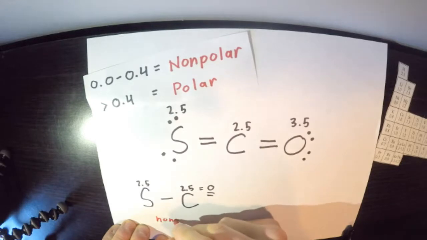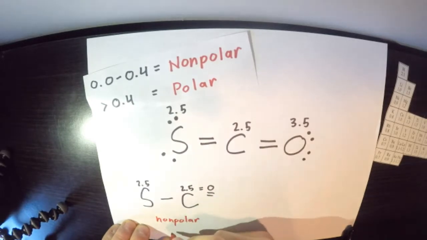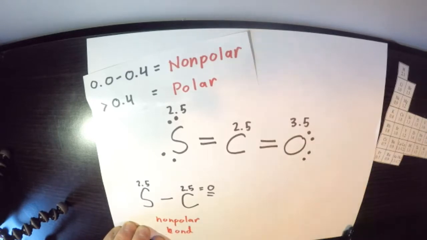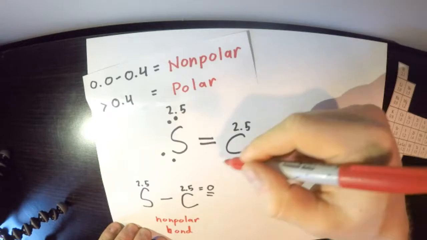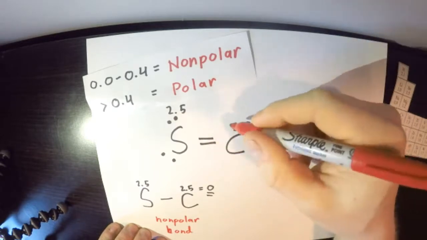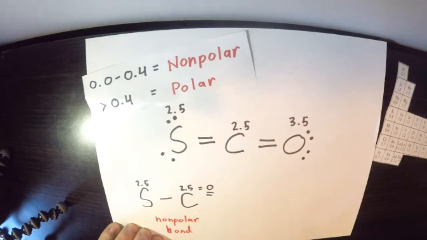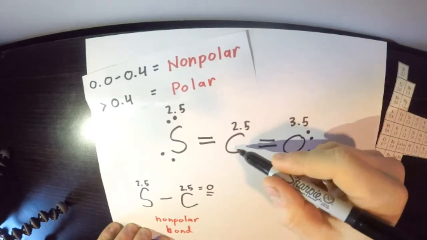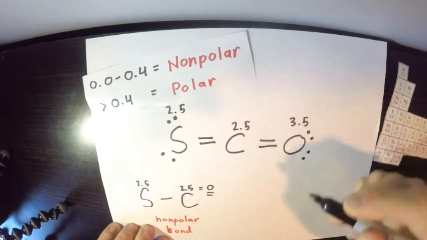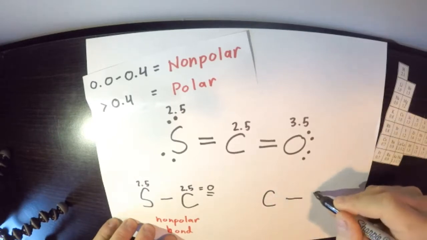So this bond between carbon and sulfur is a nonpolar bond. So right here, there's really no polarity at all. We don't need to draw an arrow, we don't need to draw anything. This difference is 0.